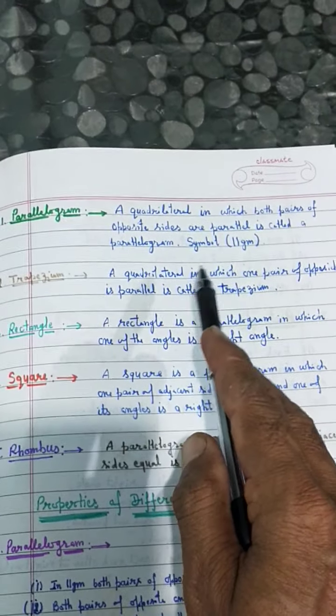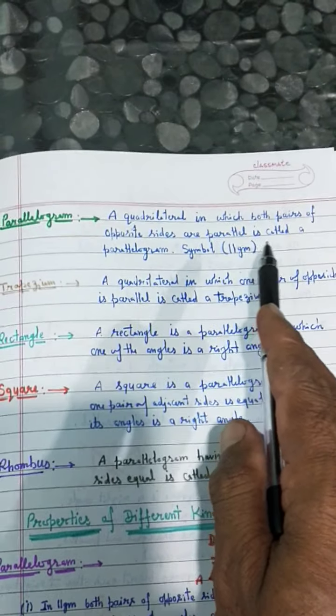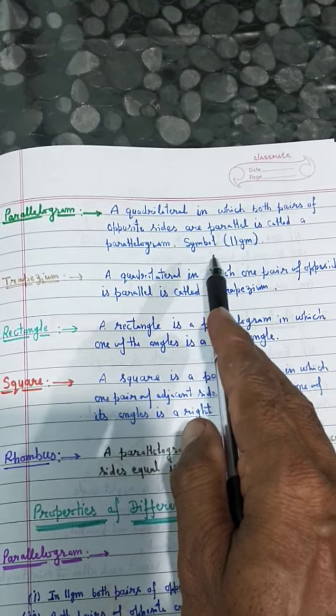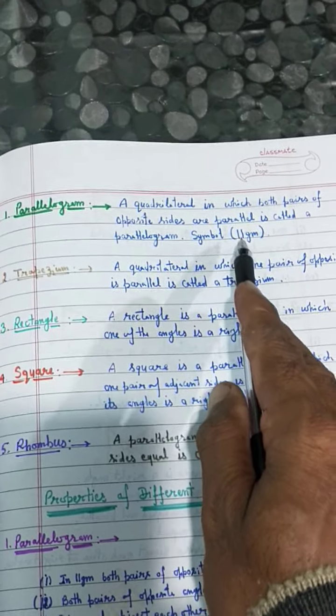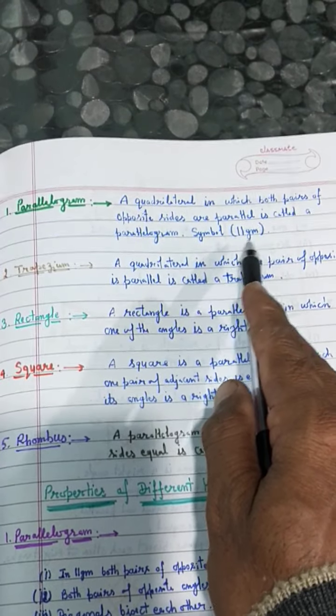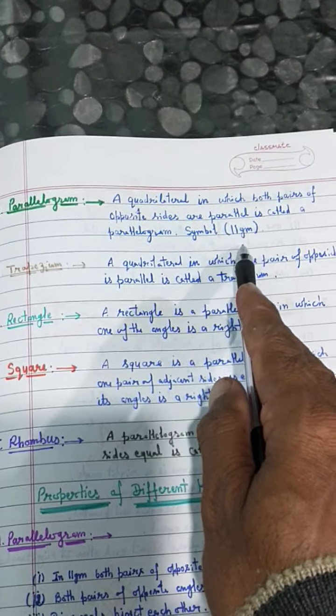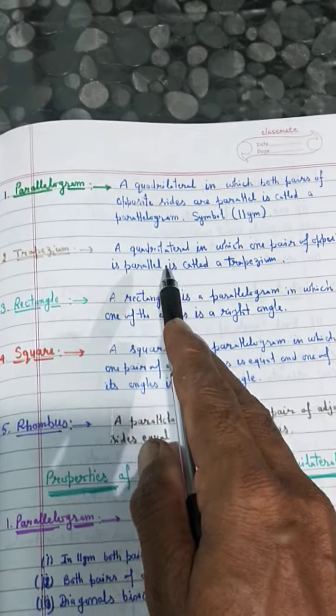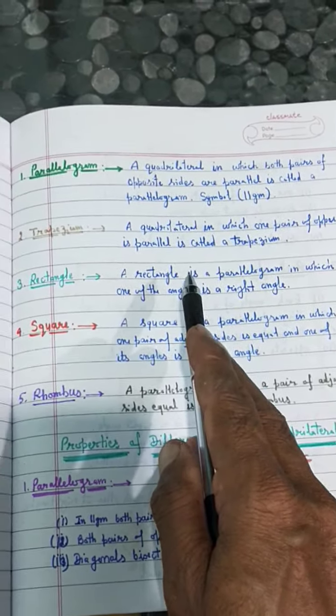A quadrilateral in which both pairs of opposite sides are parallel is called a parallelogram. Symbol for parallelogram is two parallel lines and then a slanted shape. A quadrilateral in which both pairs of opposite sides are parallel is called a parallelogram.